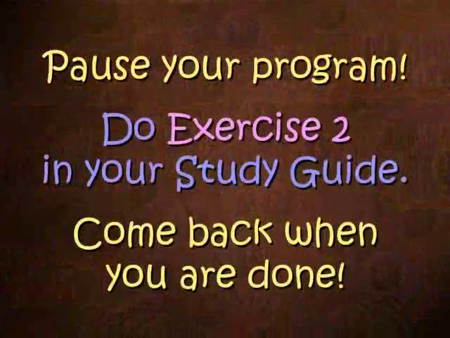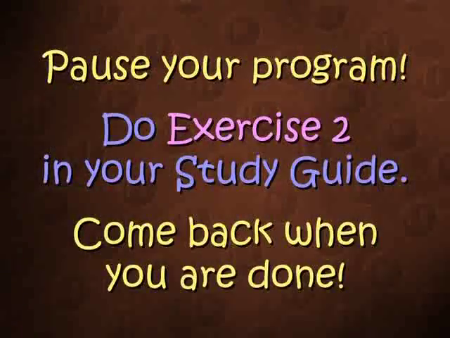In your study guide, we've provided an exercise which will enable you to test your understanding of this concept of pronoun case. Try your hand at the questions, and then let's look at the answers together. Now, in these sentences, one or more personal pronouns have been omitted, and your job is to choose from among the alternatives which is the correct personal pronoun to insert to complete the sentence correctly.